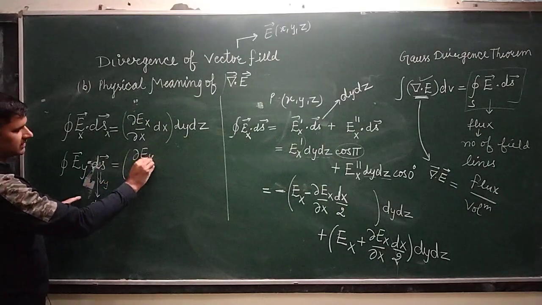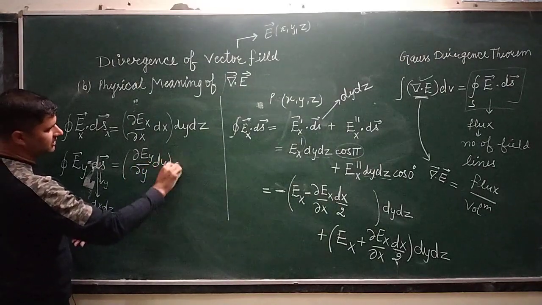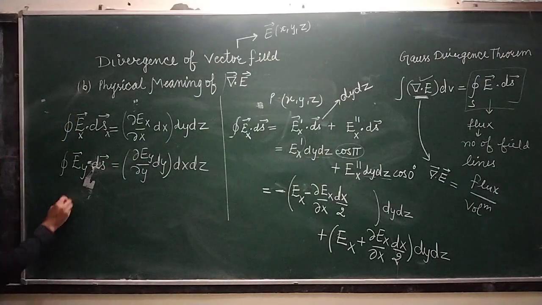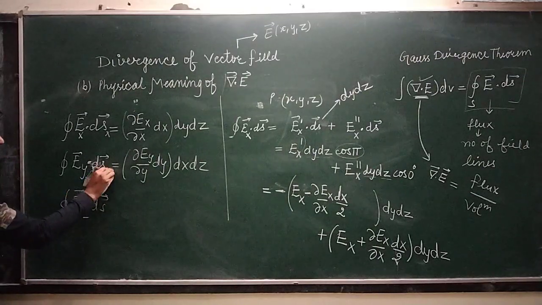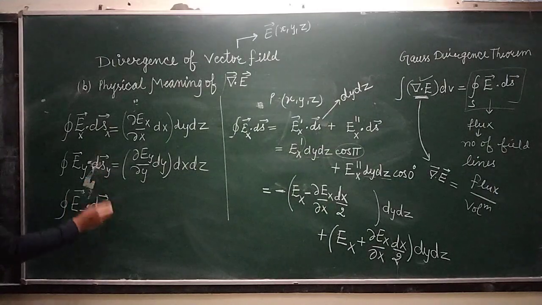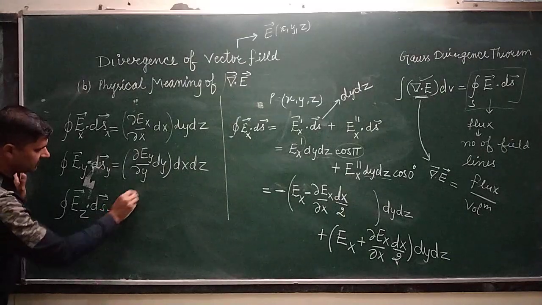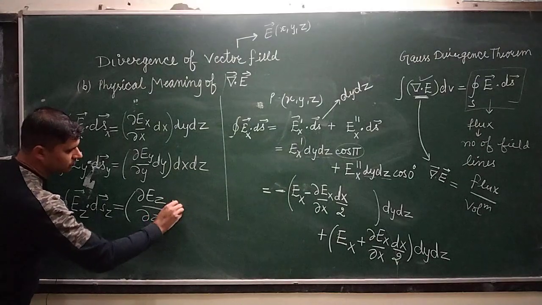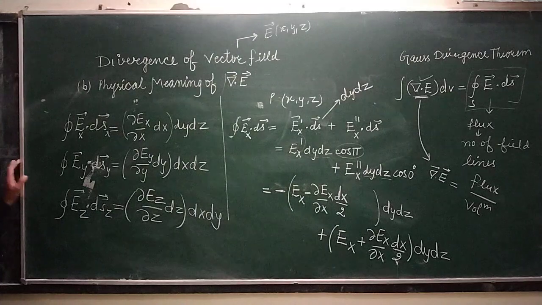So I am writing here directly the result, that is curly Ey by curly y into dy, and here you will get dx into dz. And due to the z component you can find this thing, this was perpendicular to y direction and this will be perpendicular to z direction, and here you will get curly Ez by curly z into dz, and the area will be here dx into dy.